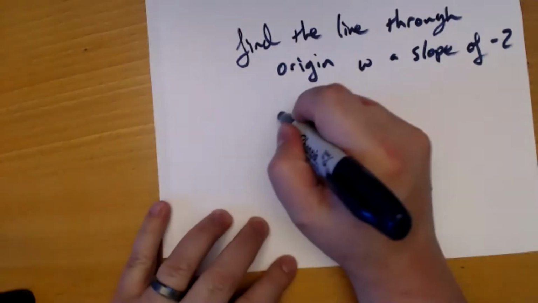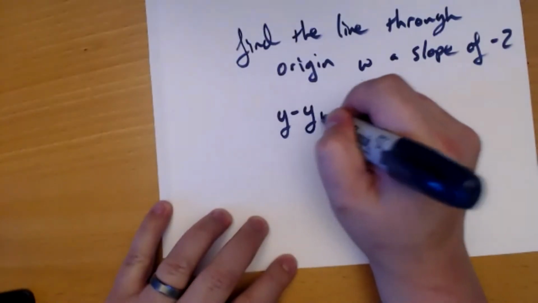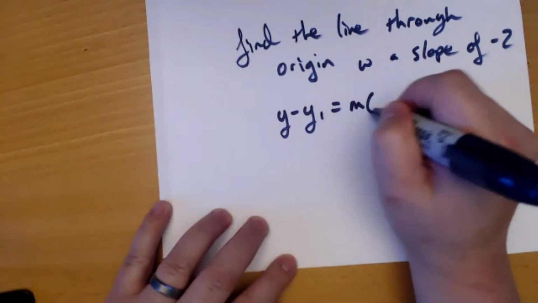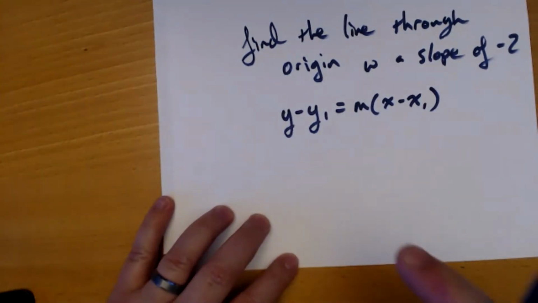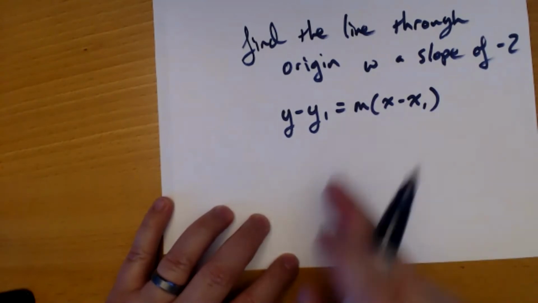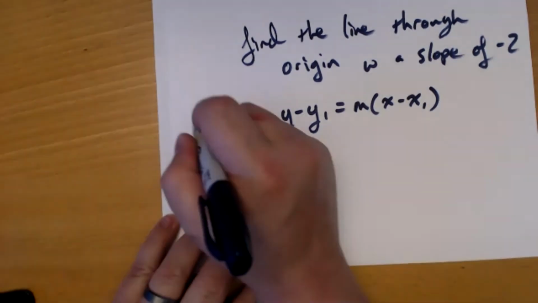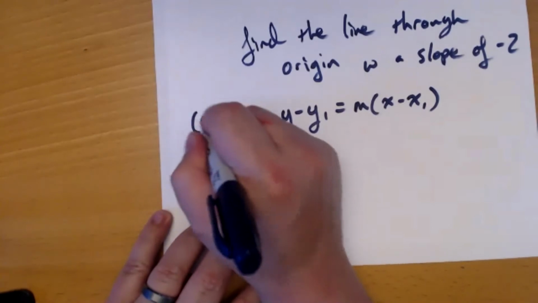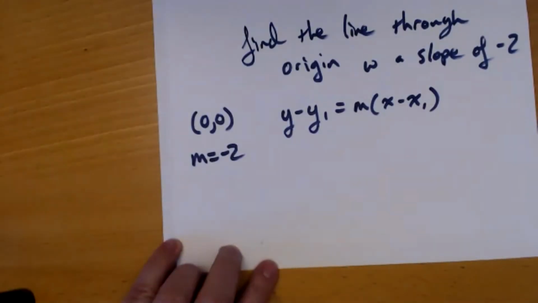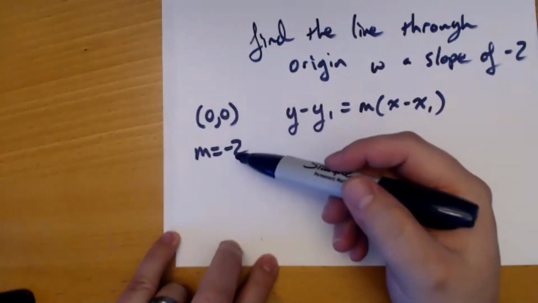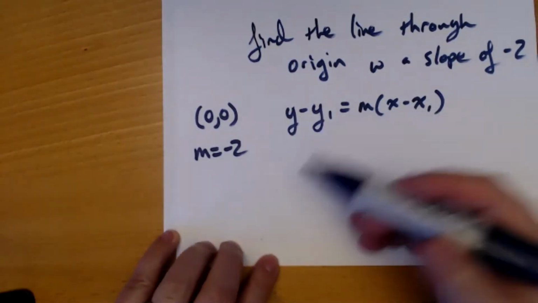But I'm going to write out the formula, because that's the formula that I'm going to use. I'm listing my known information, I'm listing my formula, and then I'm executing it.